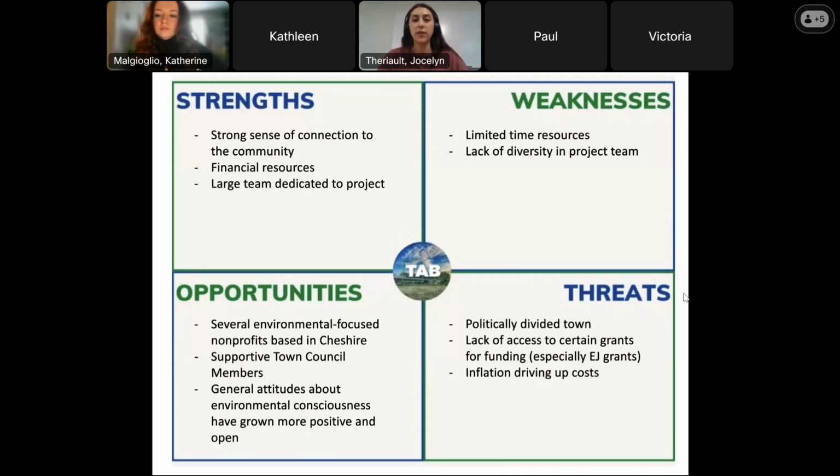Something that I identified as well is that there's a lack of racial and ethnic diversity on this project team. So as I mentioned in the last slide, Cheshire is about 85% white, and then there are smaller proportions of racial and ethnic minorities living in town. For the most part, though, almost every person on this project team identifies as white. And there's not a lot of representation of those racial and ethnic minorities on the team.